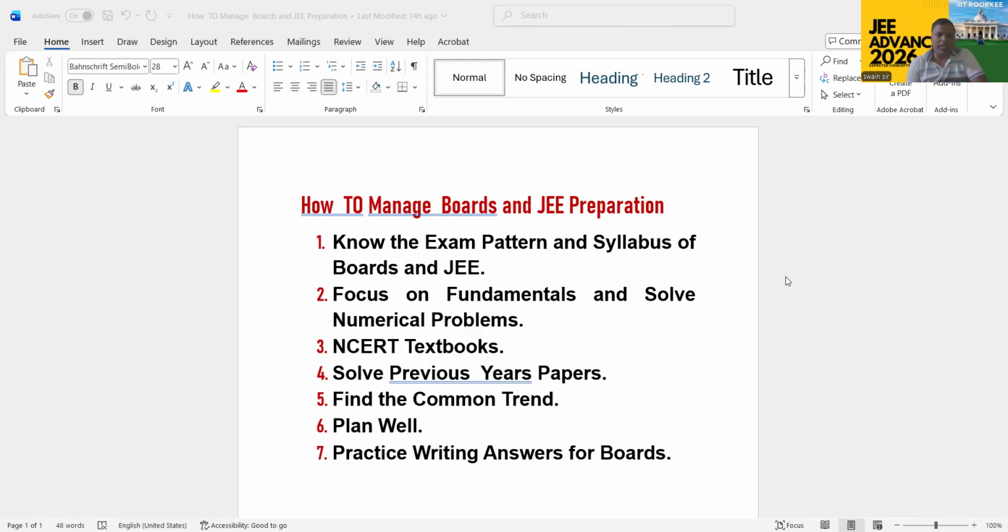Prepare a proper timetable, divide your time judiciously for the preparation of both JEE and boards. When I revise for the boards, when I revise for the JEE. And while preparing for the boards, make sure you strengthen your concept of the topics. It will help you immensely for JEE.